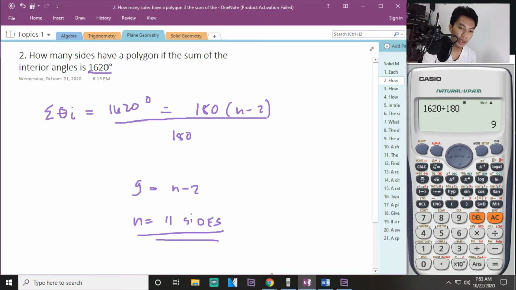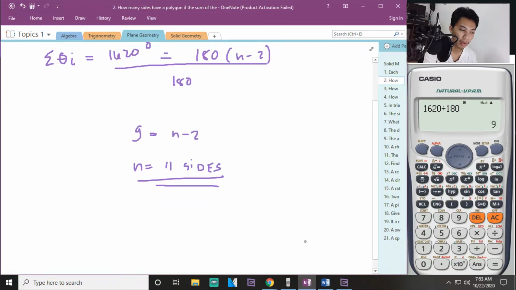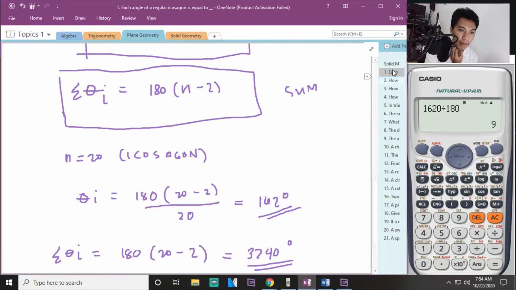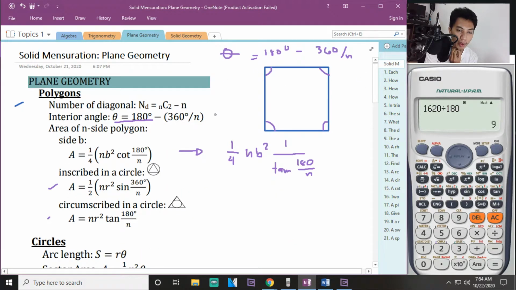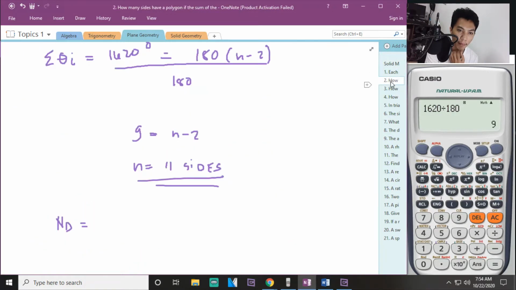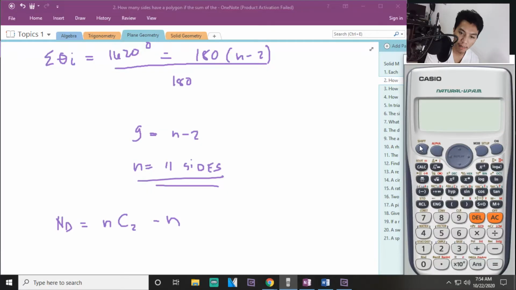Okay. Now, kung 11 sides yan, alamin naman natin yung number of diagonals. For the number of diagonals, tandaan mo. Ulitin ko, yung number of diagonals will be nC2 minus n. Yan. So, let us press Shift nCr. So, 11C2.